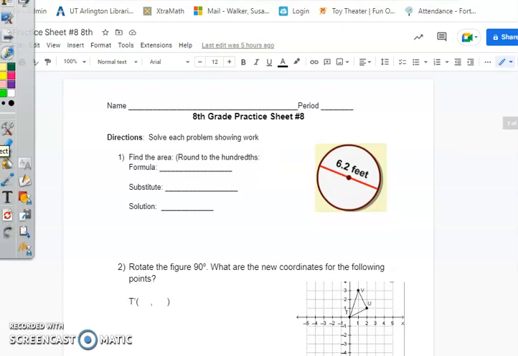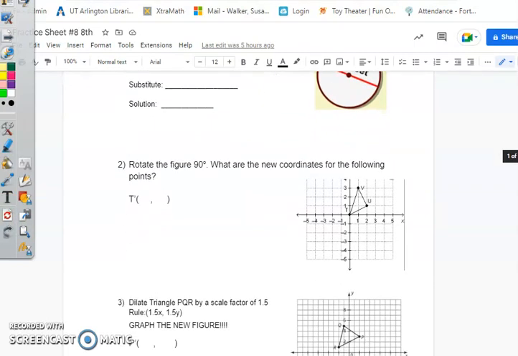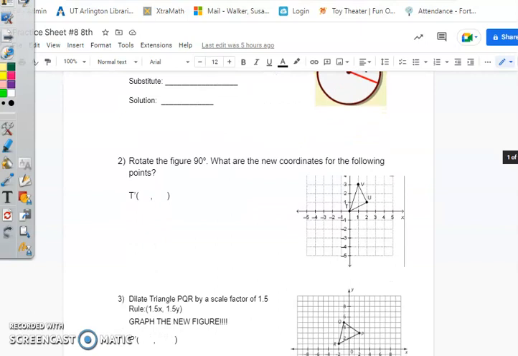Okay, number 2. Let's make sure we know our rotation rules. Okay, so we have our triangles, right? And we have 0, 90, 180, 270.